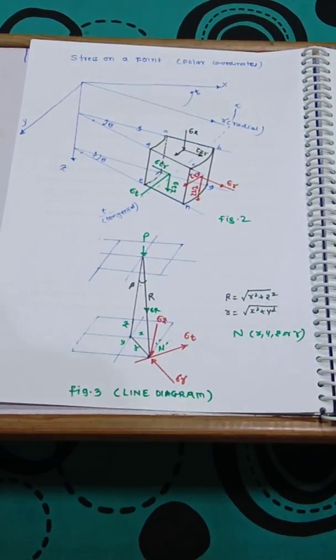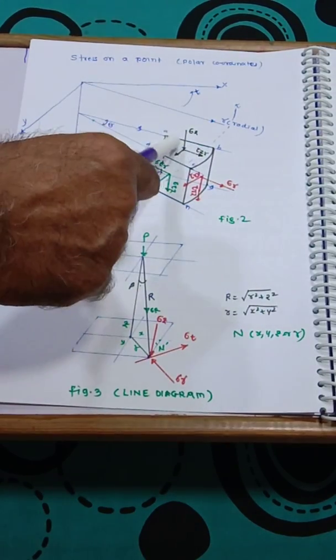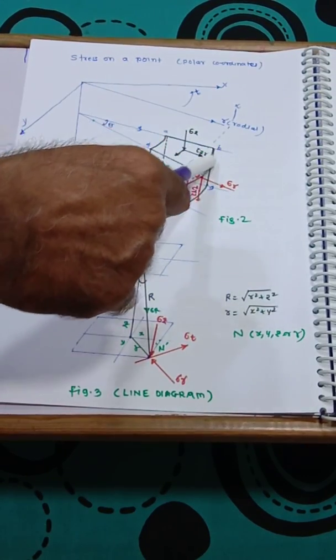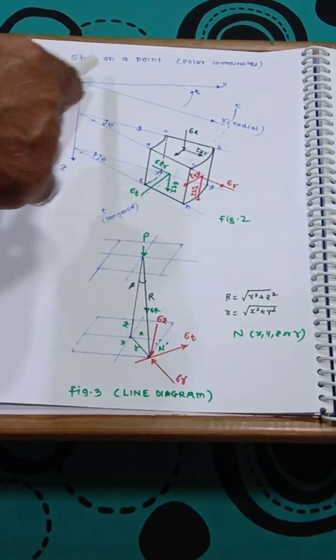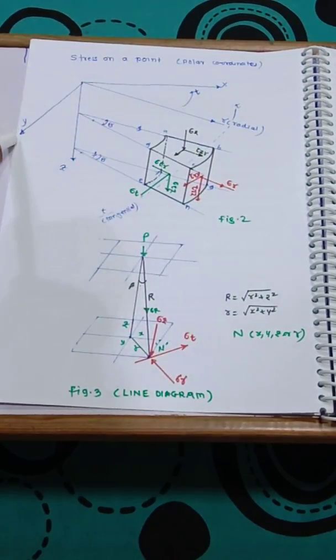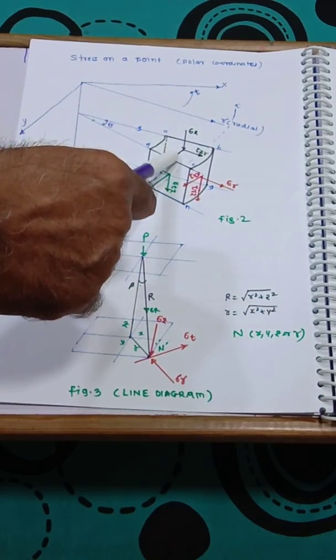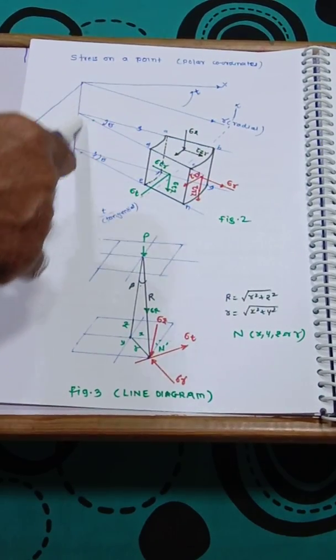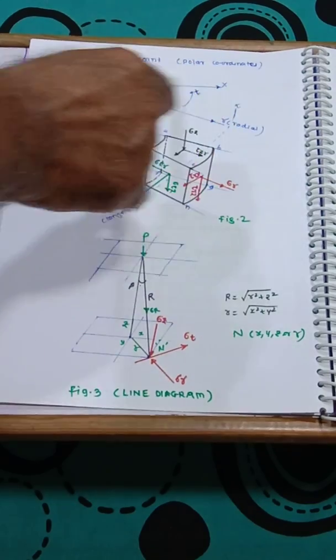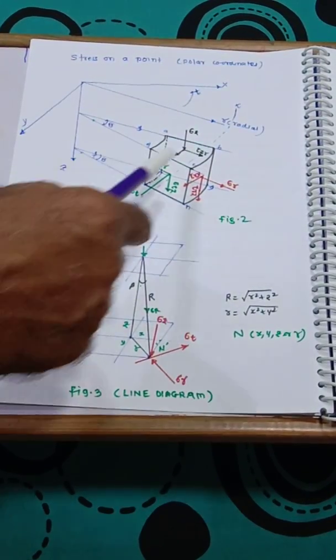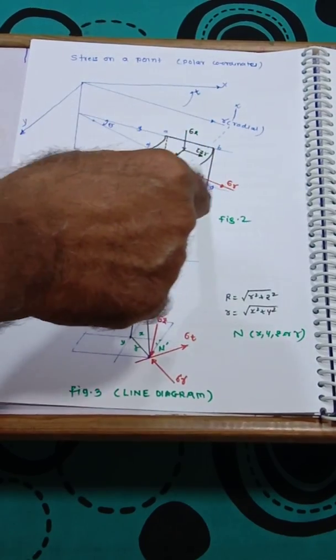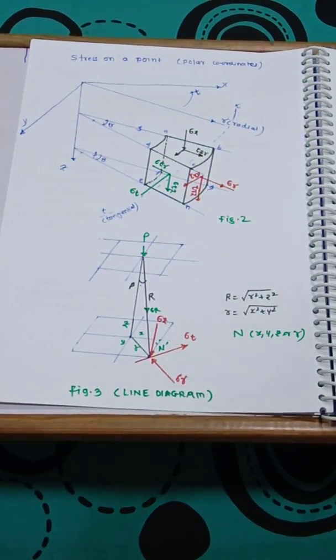Now, here is how the stresses are designated. Again, the ABCD plane is parallel to the XY plane, a vertical plane, at a distance of Z. This plane and the XY plane are at a distance of Z. So all the stresses here have Z as the first letter.